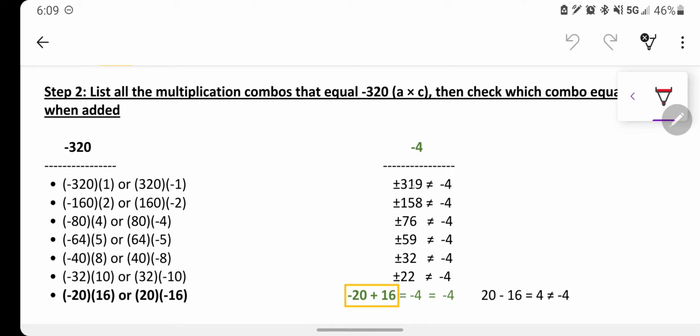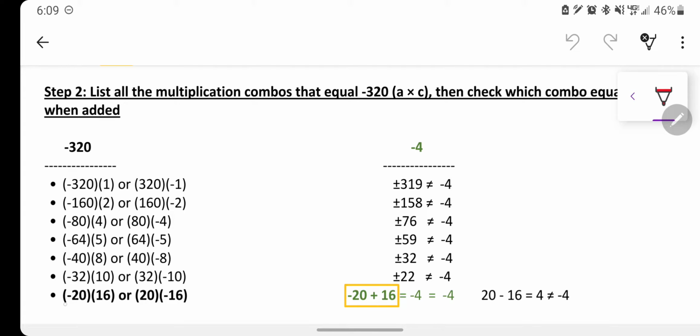So first value that we got here is the plus or minus 319. If you haven't seen this sign before, it literally means that this value could be a positive 319 or a negative 319. So for the rest of the values, you see here that they are not equaling negative 4 until you got to here, the green values.